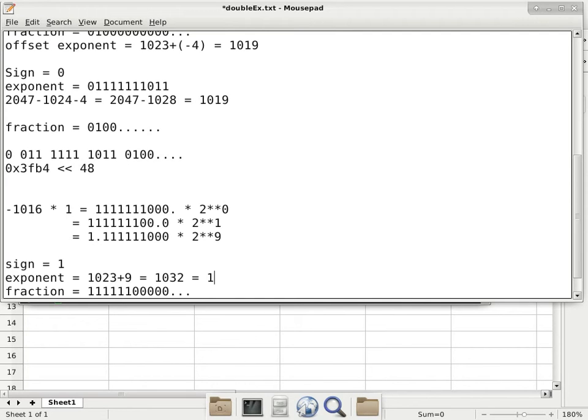So we have to specify 6 here. 1, 2, 3, 4, 5, 6. So now we have 7 digits, and then we have 4 digits left, which is just enough for my 8. So I think that is 1023. Let's double check. Okay. 1, 2, 4, 8. Okay, that accounts for the 8. Now we have 1024 left. 16, 32, 64, 128, 256, 512, 1024. So I think that's correct.